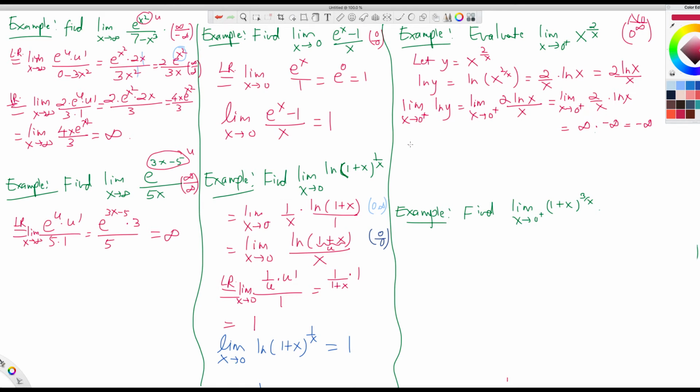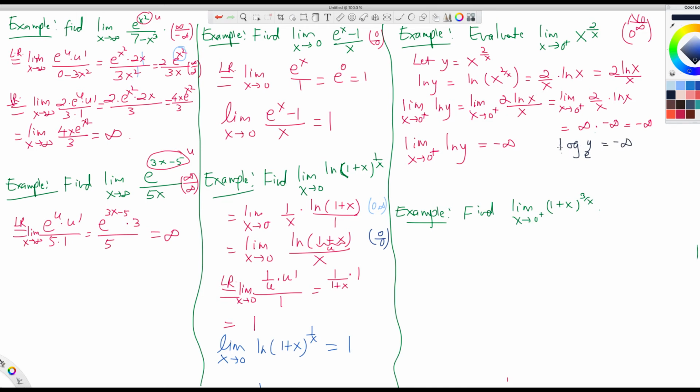So what we got is limit x tends to 0 plus of natural log of y equals negative infinity. So how do I get rid of natural log of y? Therefore y is basically e to the negative infinity, right? Because natural log of y can be written as log of y with base e equals negative infinity. That's what it means.